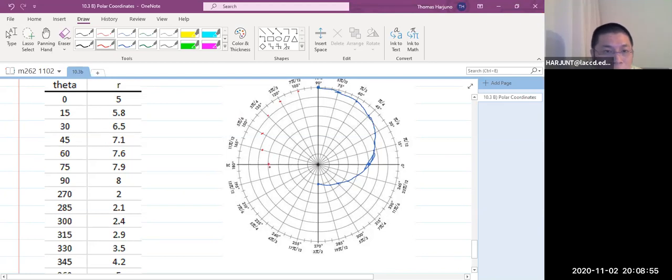And then 4.2, 3.5, 2.9, 2.4, 2.1. Because we know it will be symmetric with respect to the y-axis.